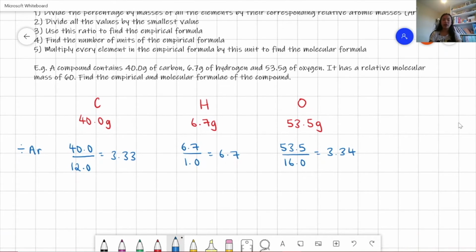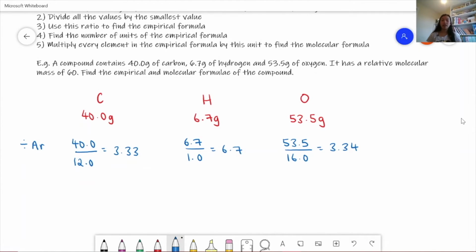And the next step we have is to divide by the smallest. So the smallest we have is 3.33. So we divide everything by 3.33. So we have 3.33 divided by 3.33, and that equals 1.